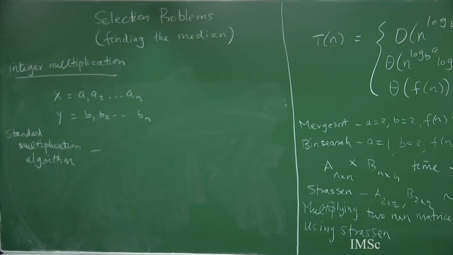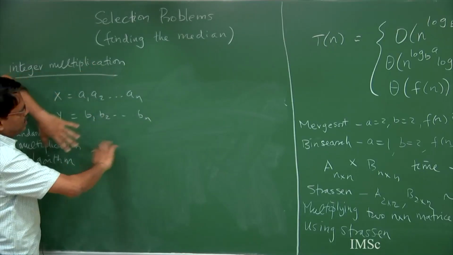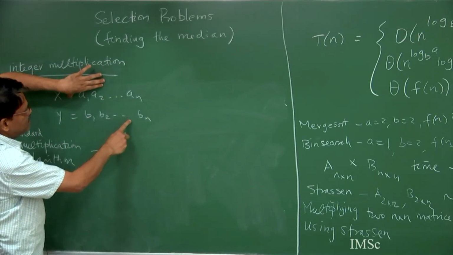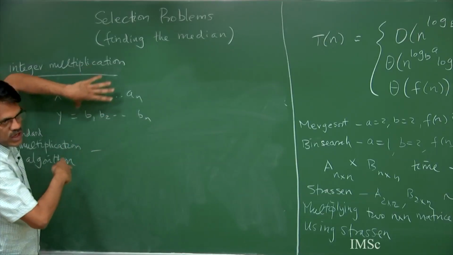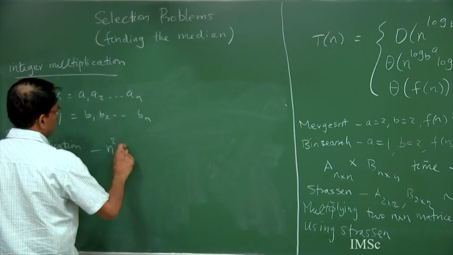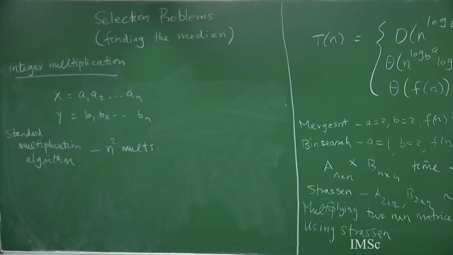How many multiplications would you do? n square, right? Because everything will be multiplied by bn, and then you will do a shift. A1, A2, An will be multiplied by Bn minus 1 and Bn minus 2 and so on. So, it is n into n, n square multiplications. So, let us try divide and conquer.